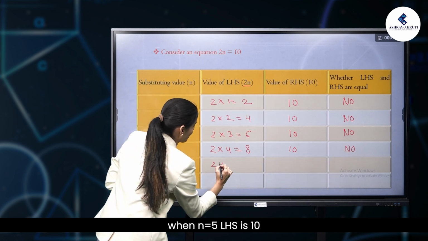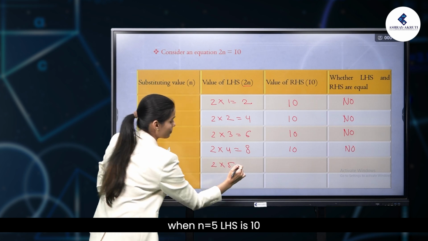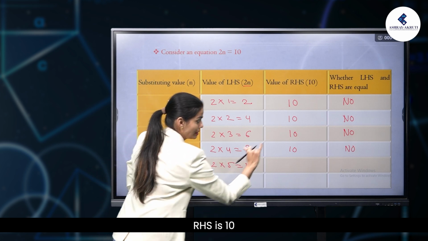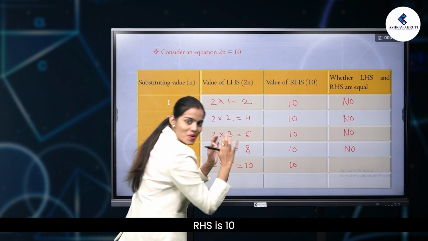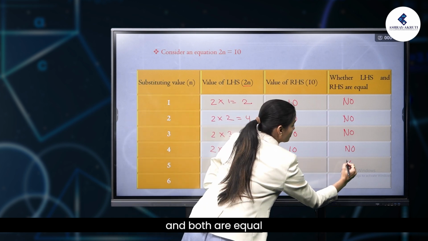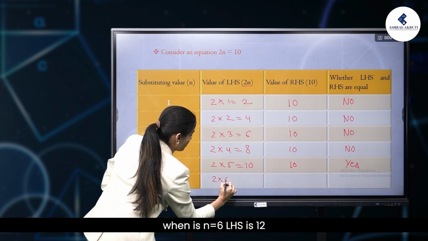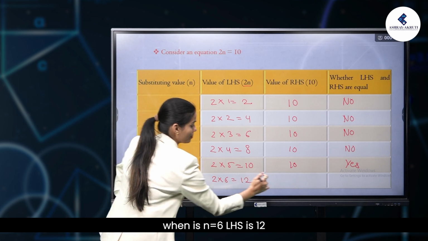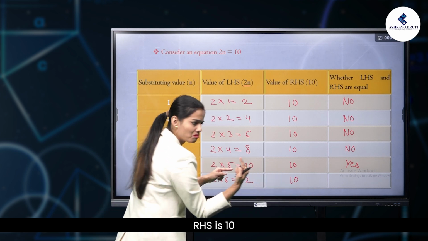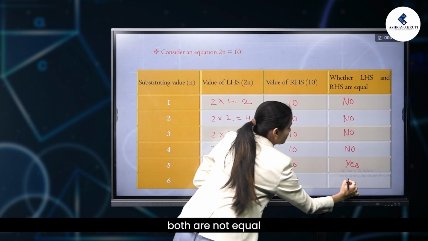When n is equal to 5, LHS is 10, RHS is 10 and both are equal. When n is equal to 6, LHS is 12 and RHS is 10. Both are not equal.